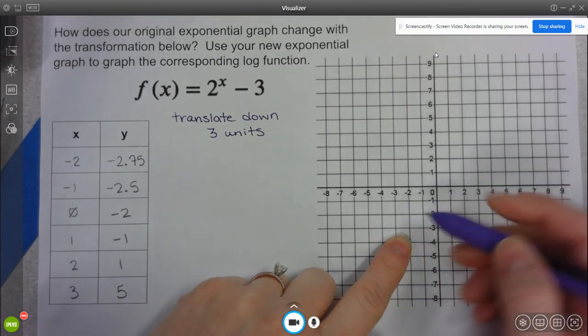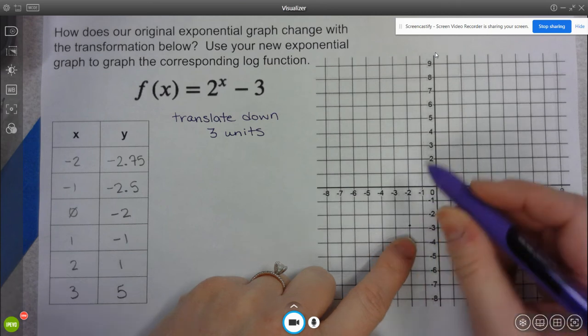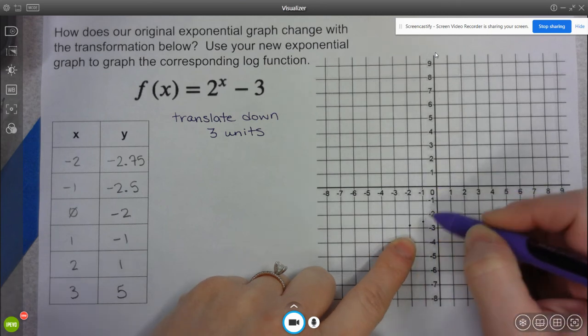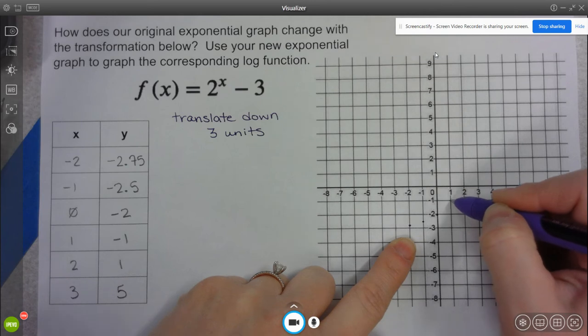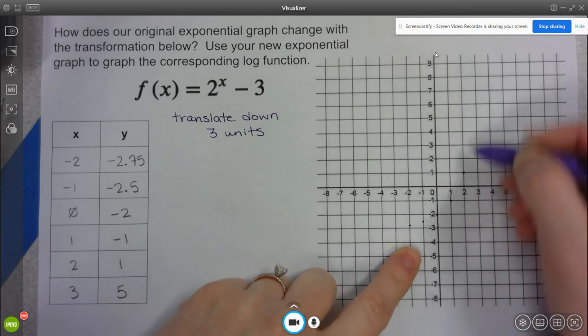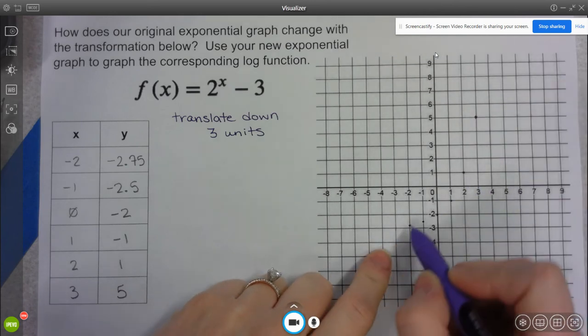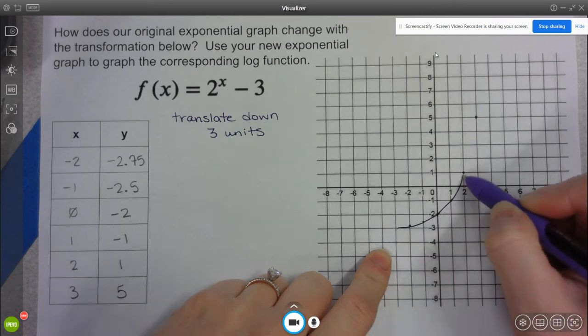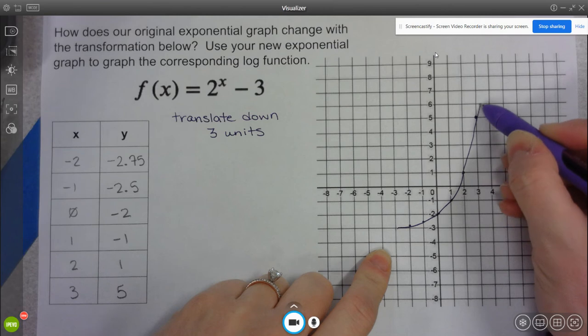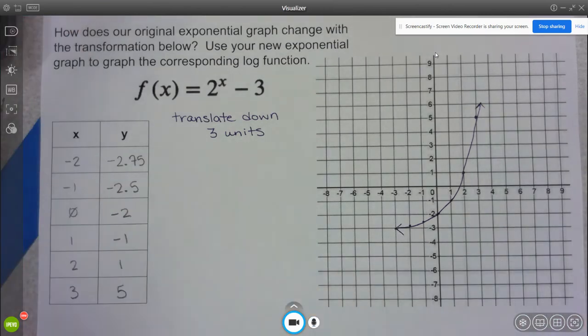Negative 2 is at negative 2.75. 0 is at negative 2. 3, 5. So same original curve, just bumped down 3 units.